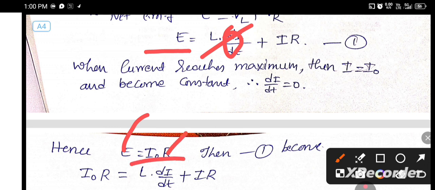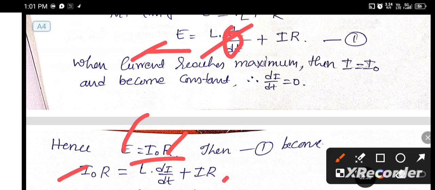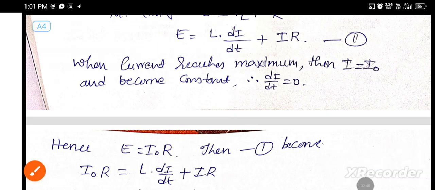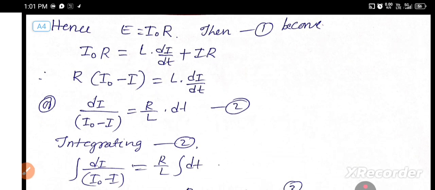Then put this value in equation 1. I naught R is equal to L into di by dt plus IR.